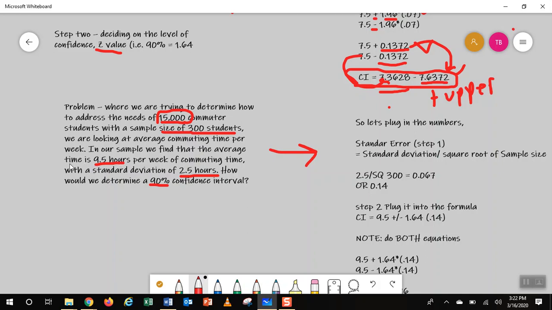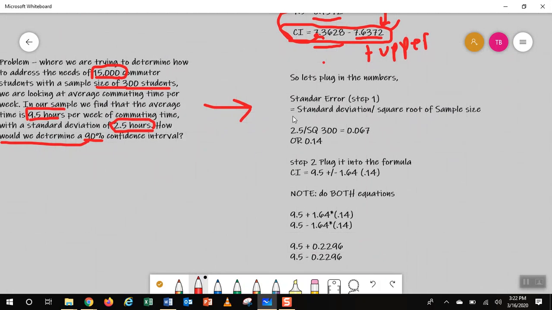So we find from our sample that the average time is 9.5 hours, so there's our average, with a standard deviation of 2.5. How would we determine a 90% confidence interval? Again, same numbers, you're just going to plug them into their corresponding spots. Step one is always going to be the standard error, which from above is the standard deviation divided by the square root of the sample size.